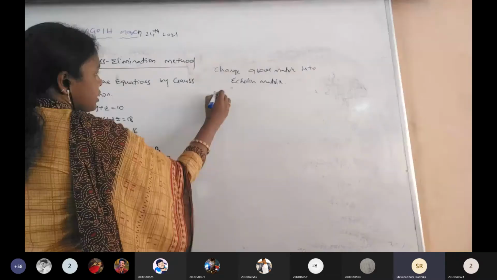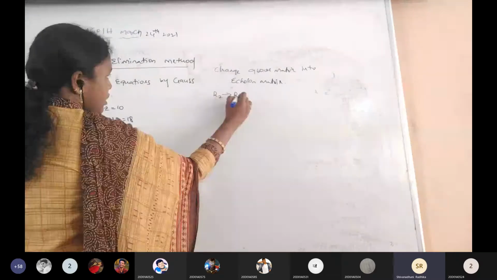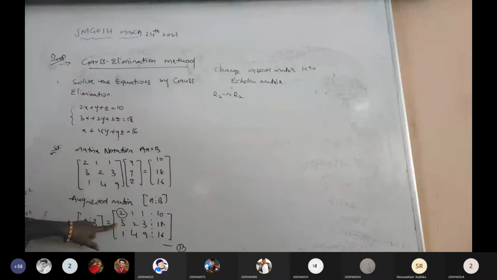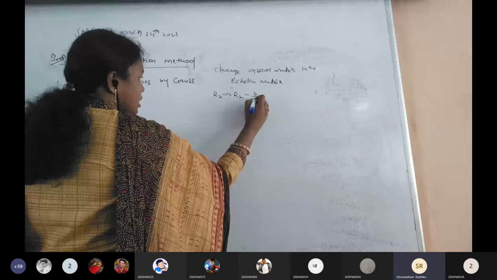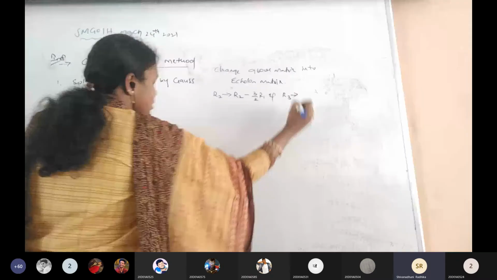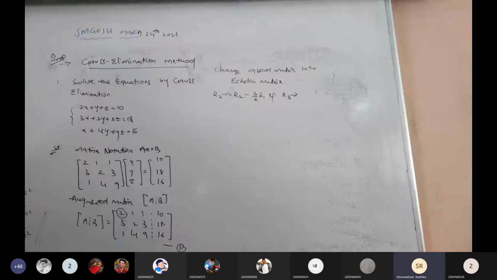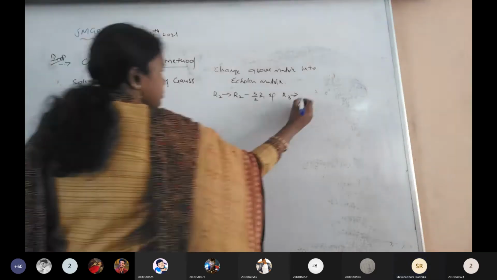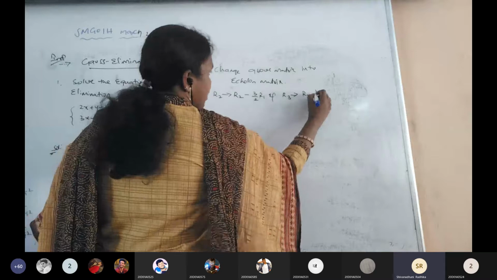Then R2 changes to, tell me, R2 minus 3 by 2 R1. Right. Now R3 changes to, we have 1 here, and the pivotal element is 2. Then R3 minus 1 by 2 R1.